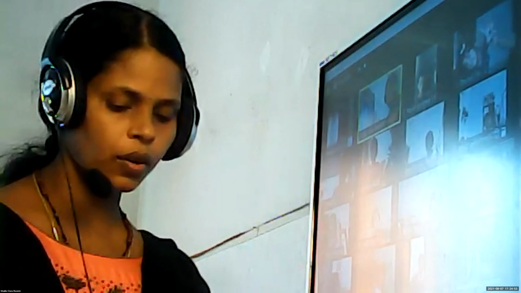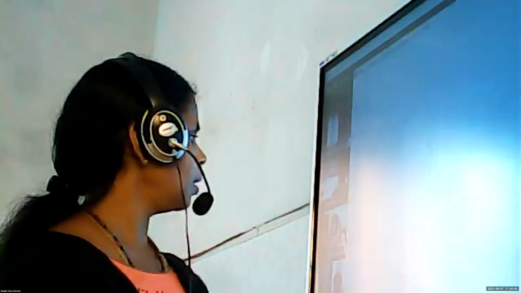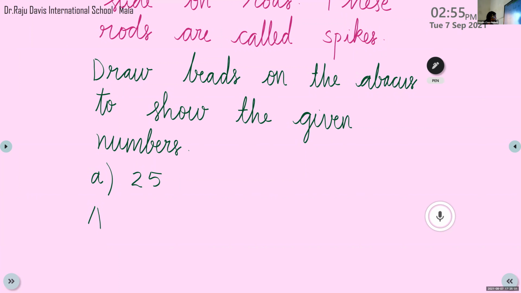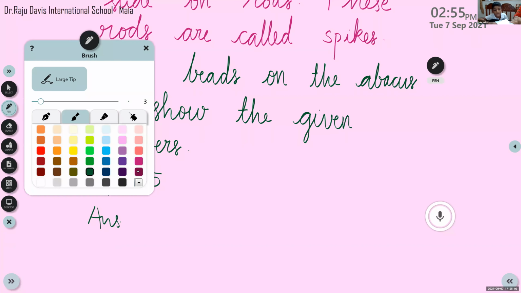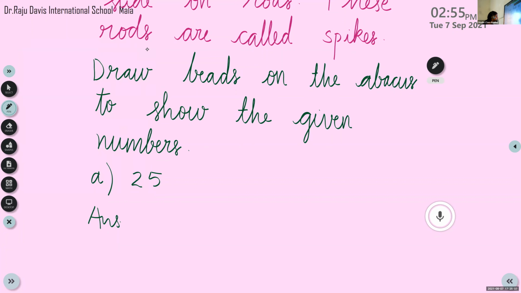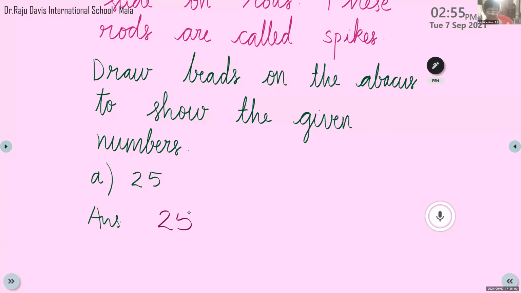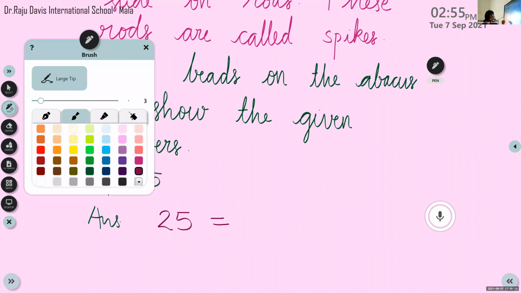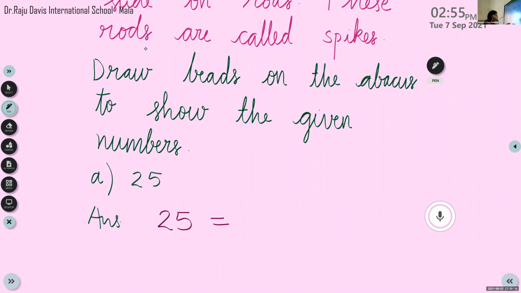Okay. Now let's draw this. Let me share the screen once again. Now we can write the answer. Before that, let's write 25 is equal to, and we can mark the places. 25 is a two-digit number, so mark T here and O here.